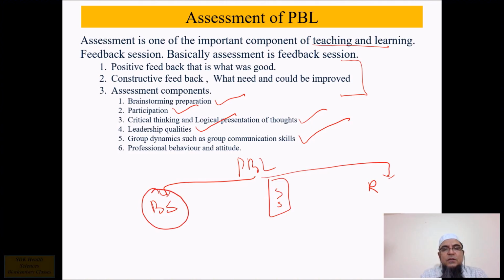In brainstorming, the students use their prior knowledge, they summarize the case, they make their provisional diagnosis, they make the objectives about the case, and then they go home individually or in small groups. They study the whole case, they do research on that case, and once they come to the review session, they bring a solution for all those objectives and they solve the case.